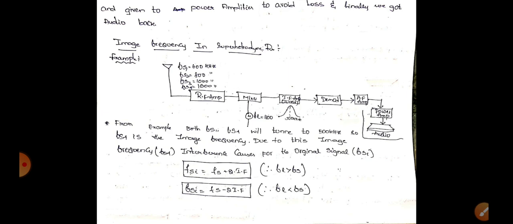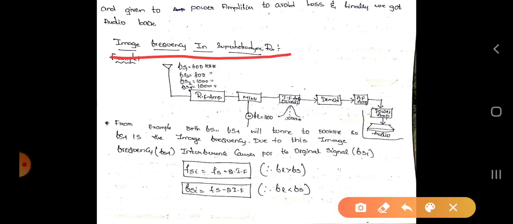And also in the superheterodyne receiver I have already told you about the image frequencies, how the image frequencies will distort the signal at the receiving end. Today my class is all about the continuation of part 1, that is part 2 of the AM receivers.